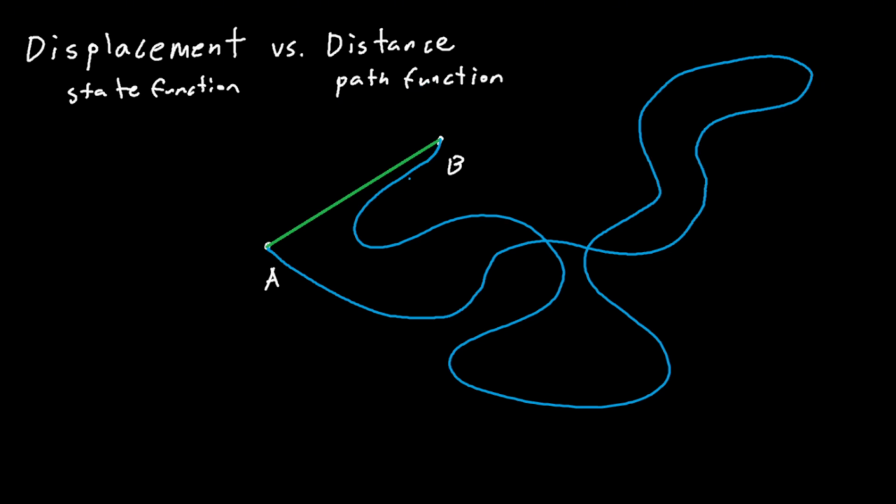And the distance you traveled is the length of this blue path. No matter where you go or what path you take for displacement, it only cares about the initial state and the final state. And the initial state is point A, and the final state is point B for displacement. But distance depends on the path, hence the name path function.